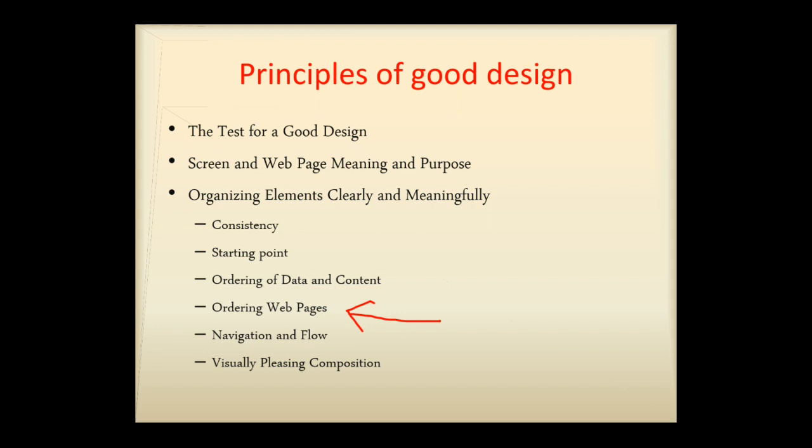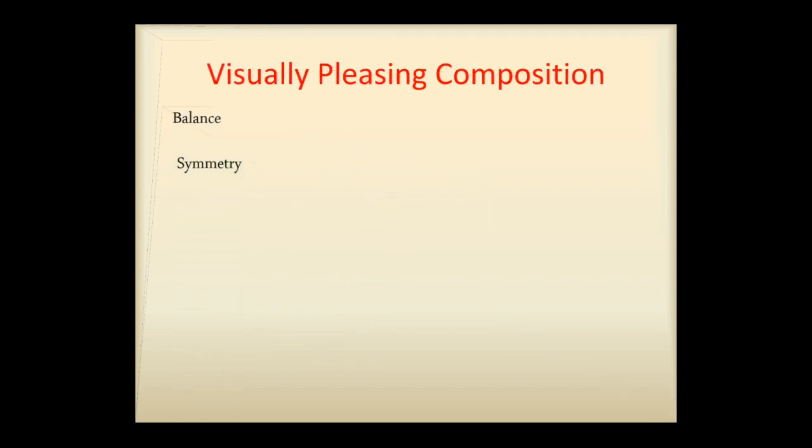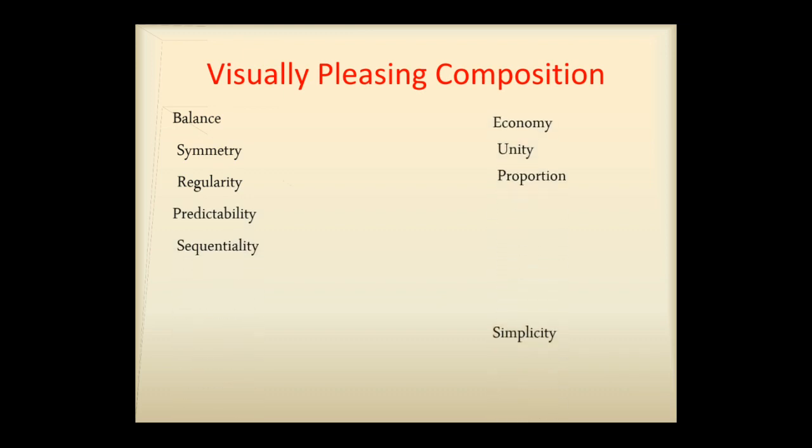Similarly, a screen must always be visually pleasing. We can provide this visually and aesthetically pleasing composition by adopting qualities such as balance, symmetry, regularity, predictability, sequentiality, economy, unity, proportion, simplicity, and groupings.